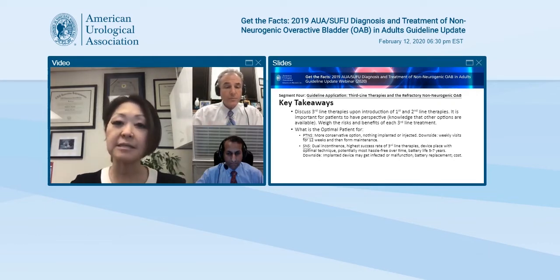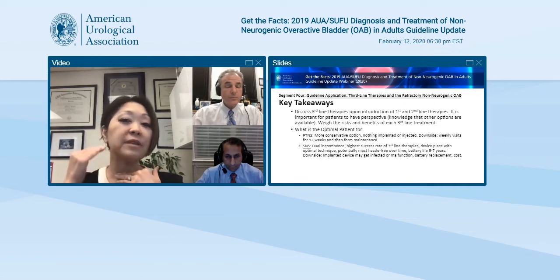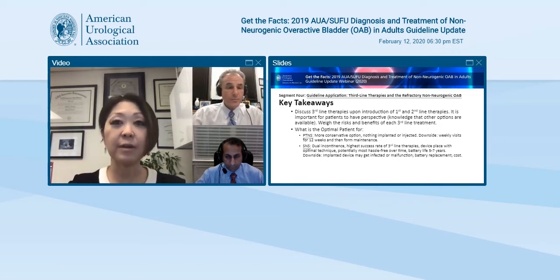The downside is this MRI situation that Dr. Vasavada just mentioned, that may or may not change in the near future with MRI-compatible equipment. But for right now, it's only compatible with an above-the-neck MRI if you need to have an MRI. The battery life is 5 to 7 years, as we quoted. It may be a little longer than that with optimal techniques now that we've gotten over the years.